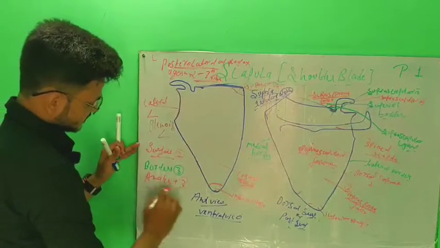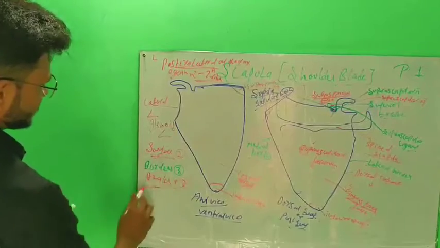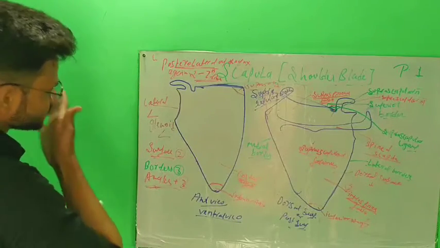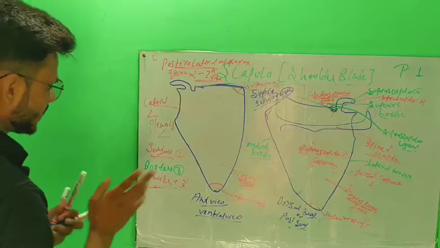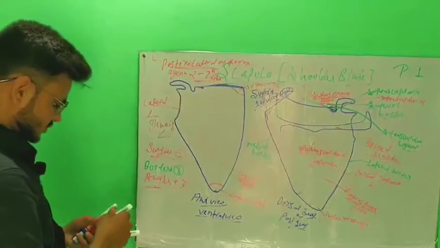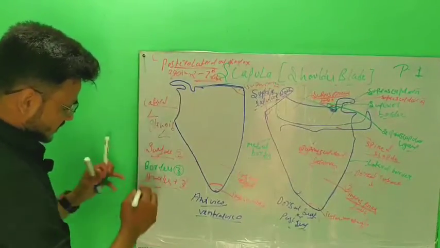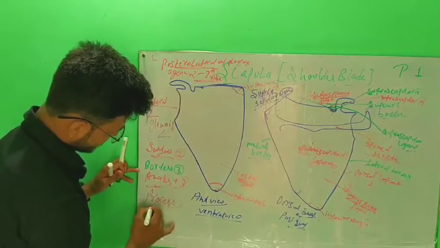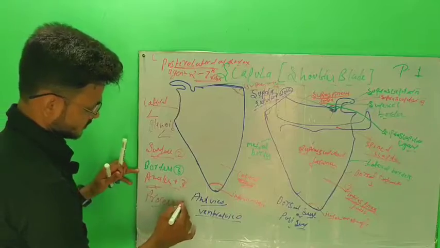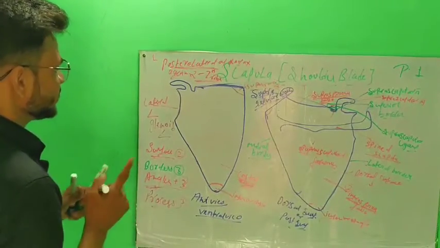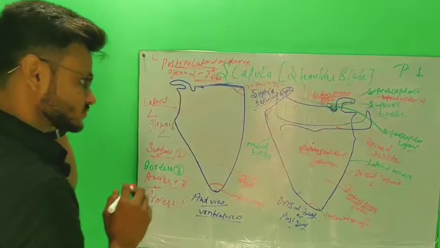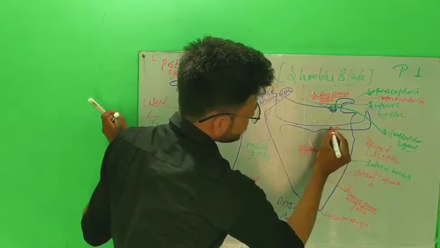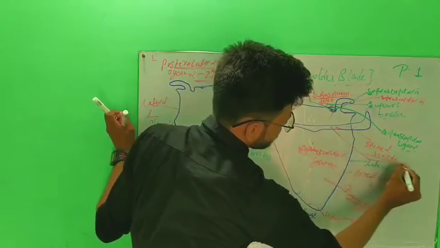These are the three angles, and the surfaces and the borders. Now we come to the features. Three things are left: there are three processes. The first process is the spinous process.